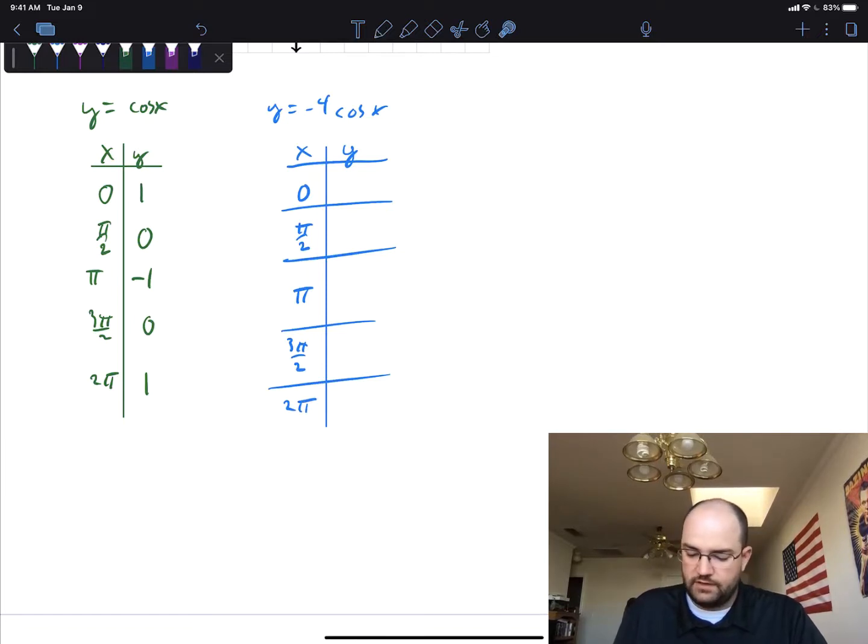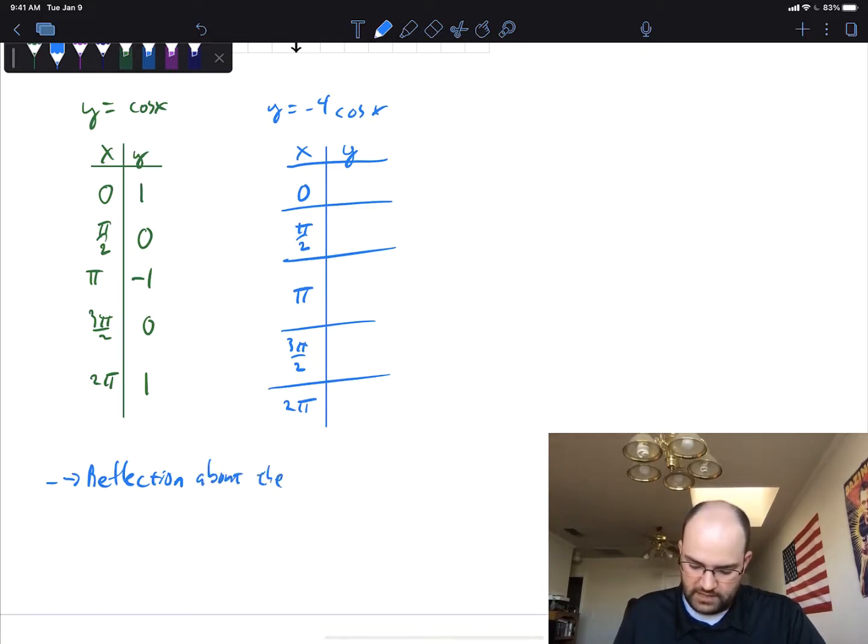Now, this is a vertical stretch by a factor of 4, and that negative technically is a reflection. It's affecting the y, so it's a reflection about the x-axis.